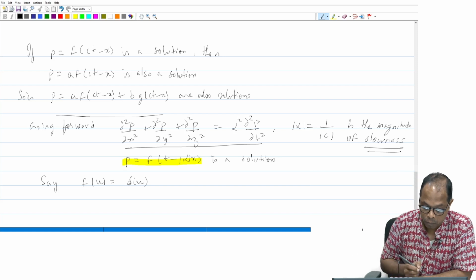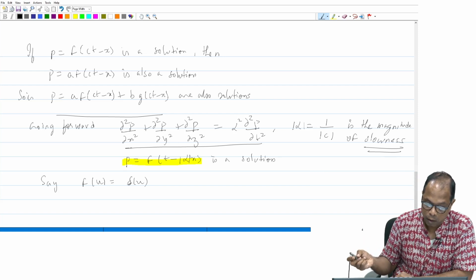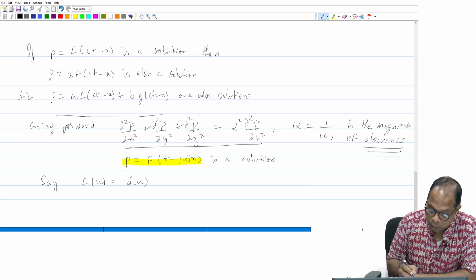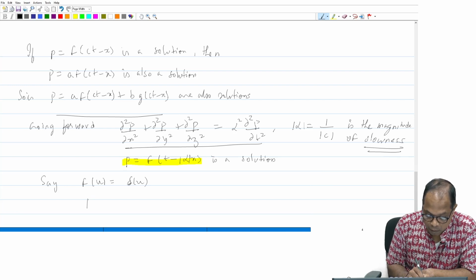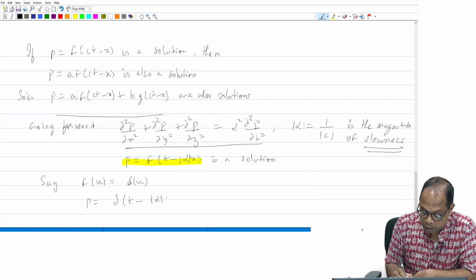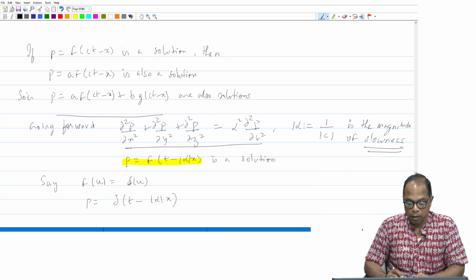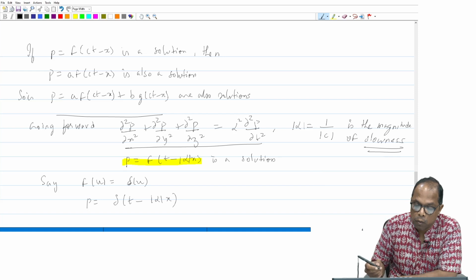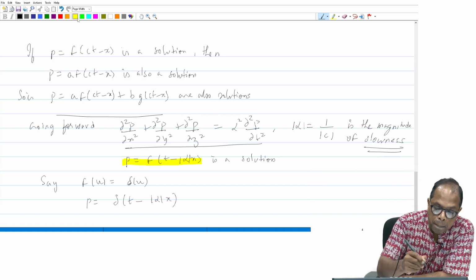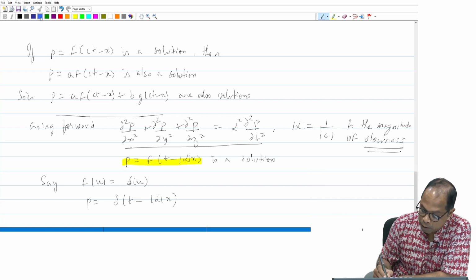So then what does it look like? Now you have your p is delta of t minus alpha magnitude times x. So now let us try plotting it.